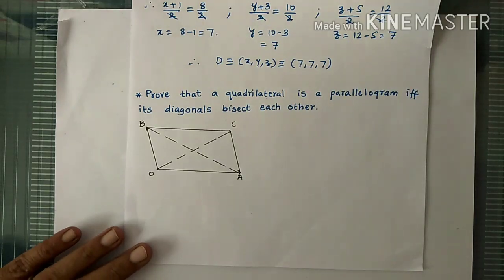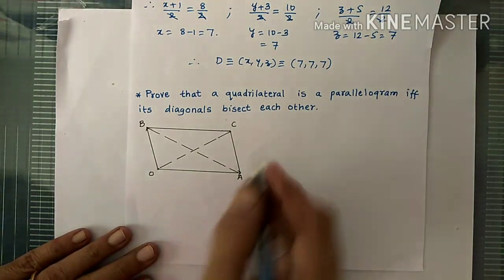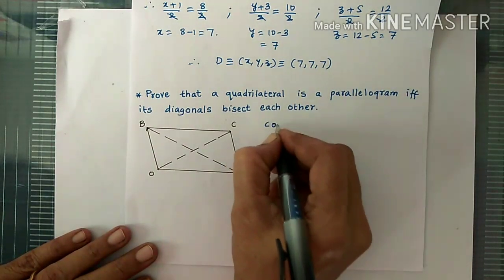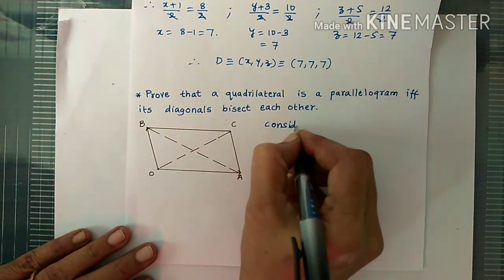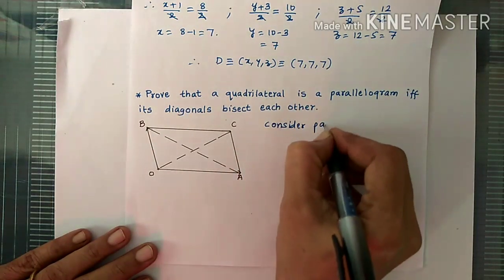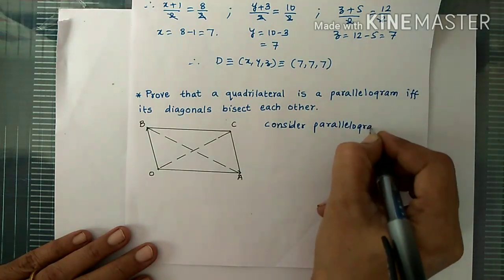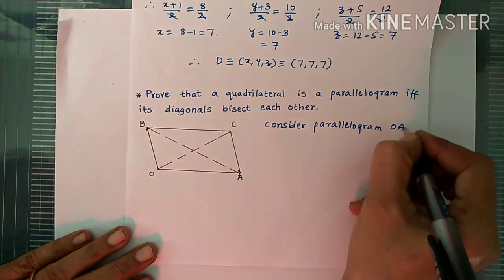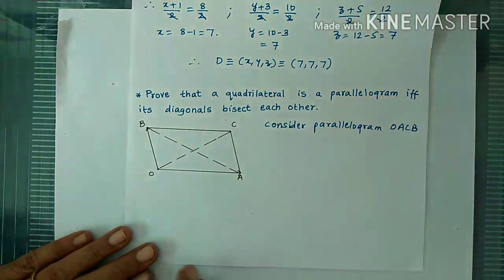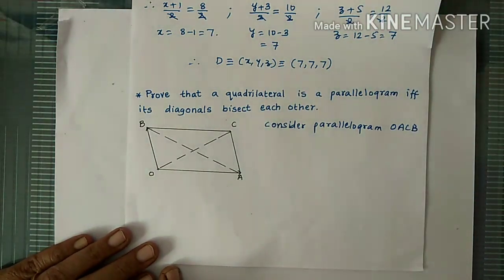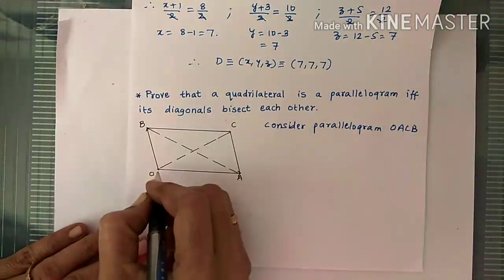Okay. So let's take this OACB as a parallelogram. So consider parallelogram OACB. Now instead of taking ABCD, I have taken it as OACB because I have taken this vertex as origin.